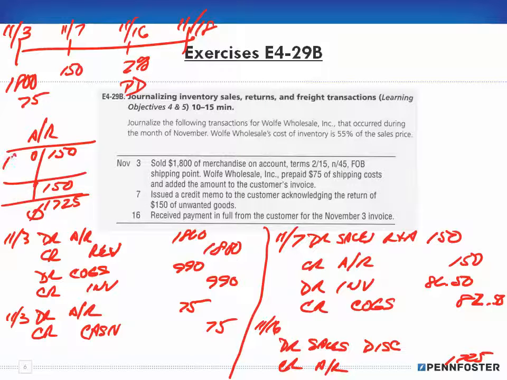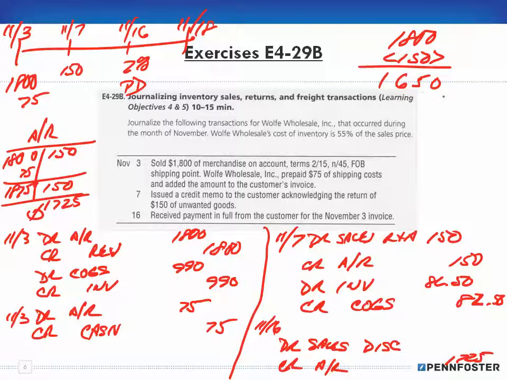This is 1800, and 75, so that's 1875. Thought that looked a little weird. This is 1800, handwriting sloppy. There was a return of $150, so that means we have 1650, and we're taking a 2% discount. So the discount ends up being $33. Our sales discount is 33.